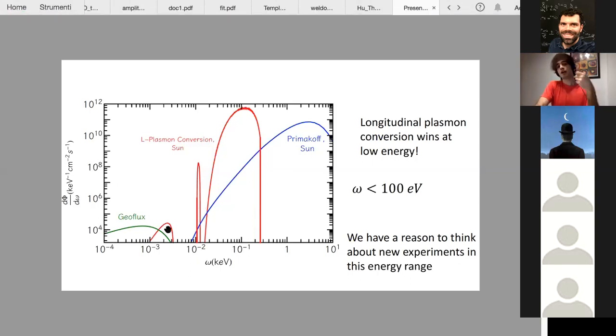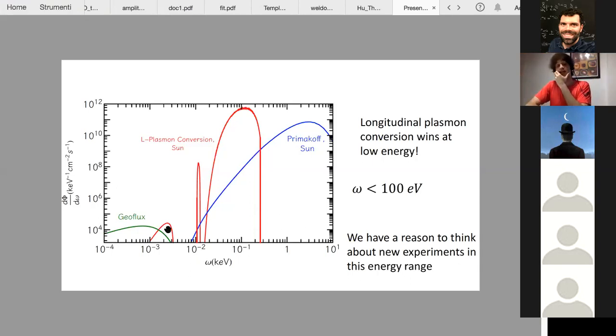And then this peak is also coming from the external layer. So you see that the height of the peak is very small because the magnetic field in the external layer is very small. And also you peak around electron volt because the plasma frequency there is very small, around electron volt. Okay, not 100 electron volt.